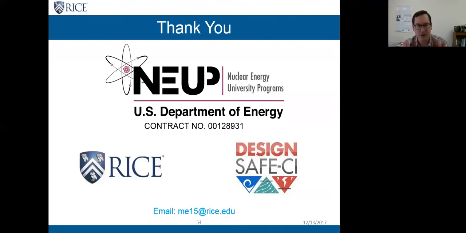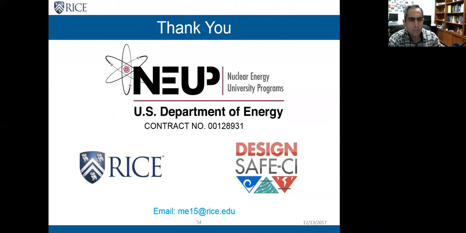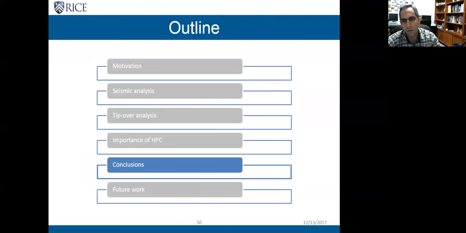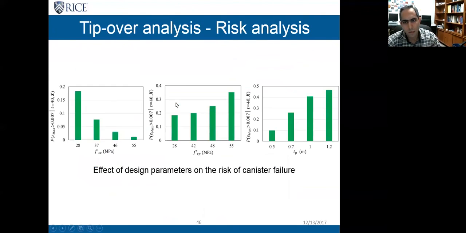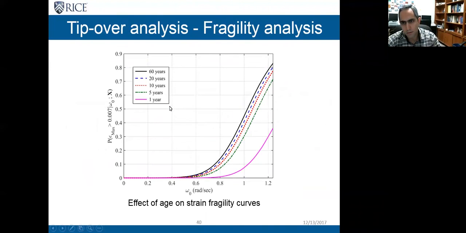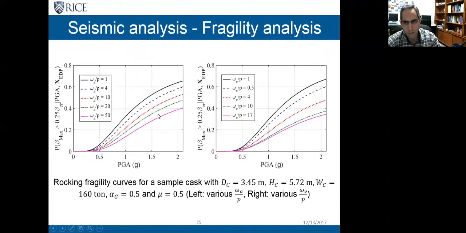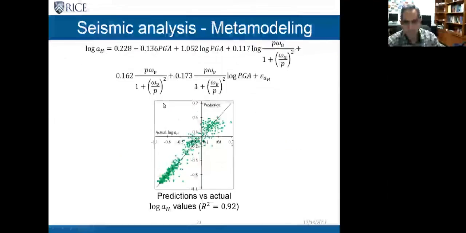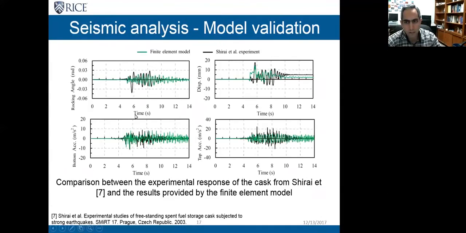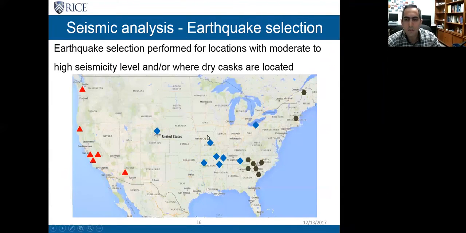Majid, how did you characterize the ground shaking for the different regions? So I performed an earthquake selection for the different regions, which I showed before. I did earthquake selection for west of US, central US, and eastern US. And we had ground motion suites for each of these seismic zones.